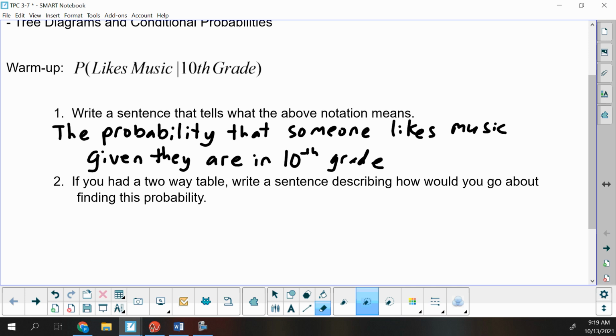Essentially, we already know they're in 10th grade, and out of the 10th graders, we want to see what's the probability that someone likes music.